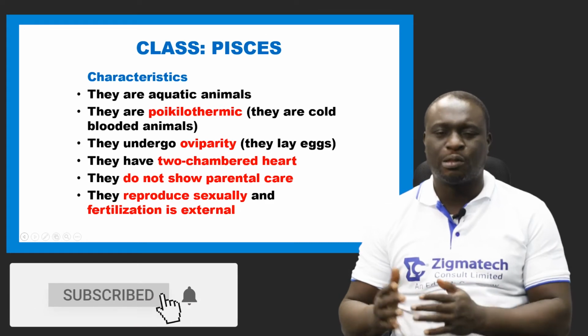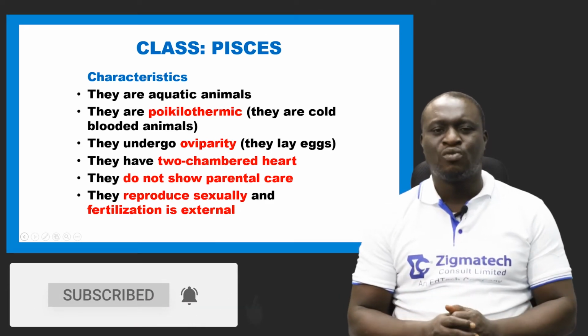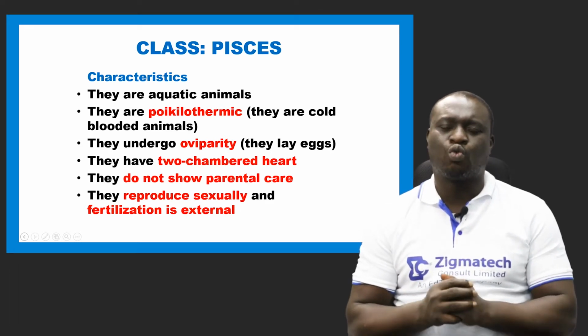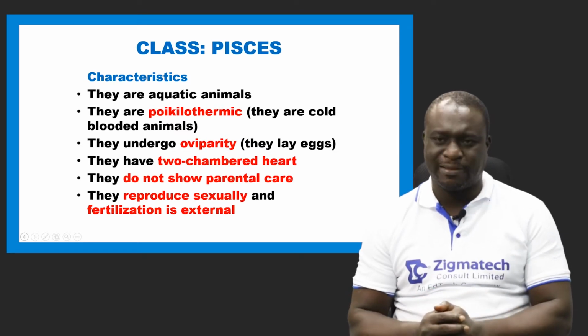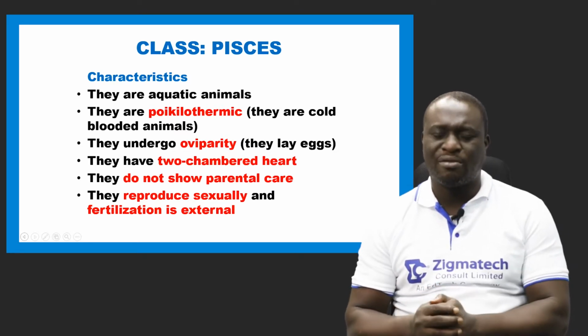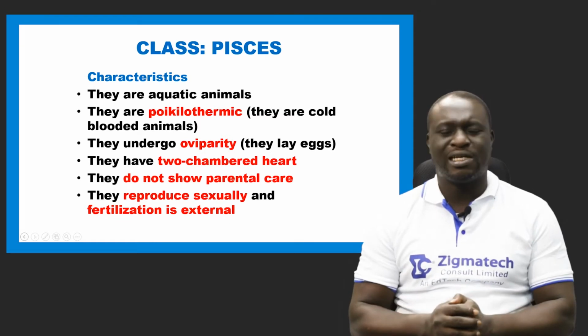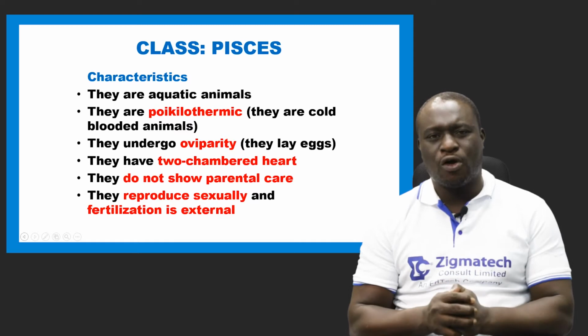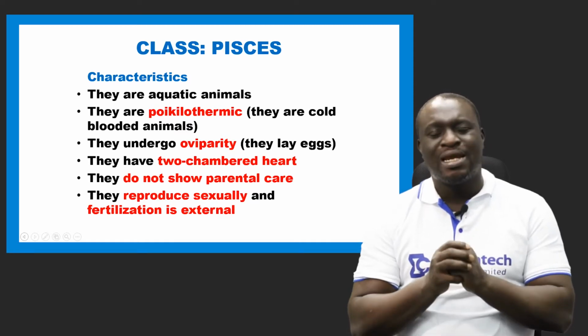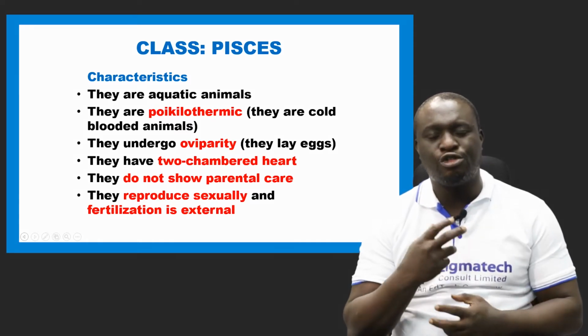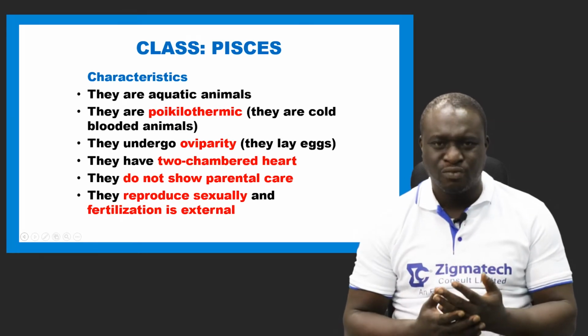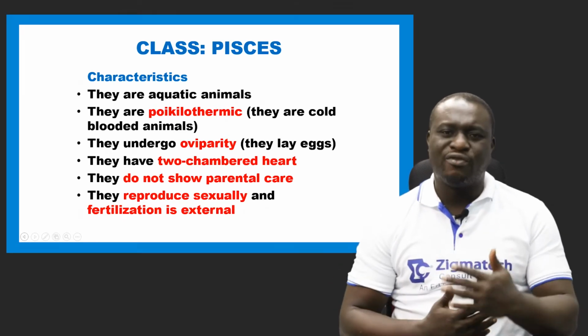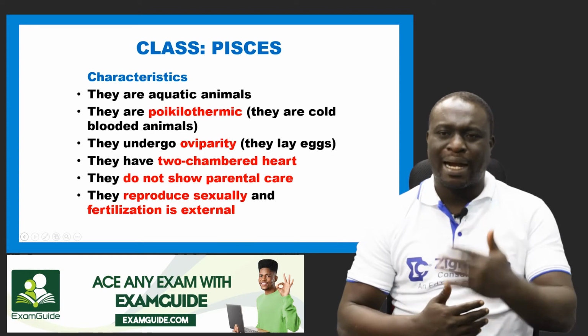They are poikilothermic. And number three is that they undergo what we call oviparity. Oviparity is a process by which living organisms, mostly animals, reproduce by laying eggs, or give rise to new individuals of their kind by laying eggs.